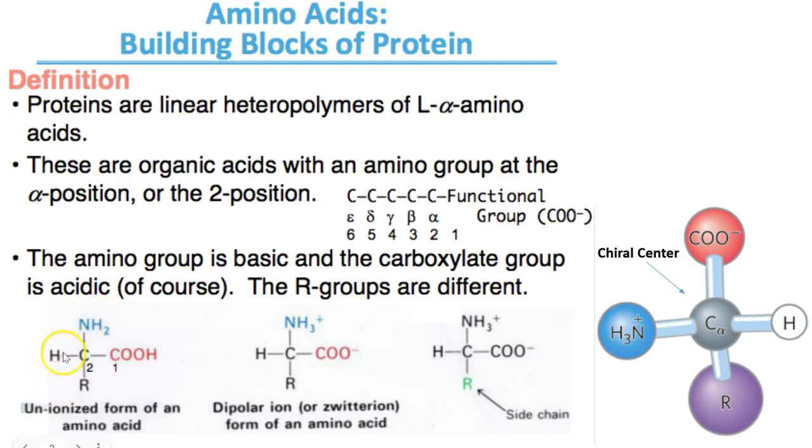And so with an amino acid, they have different forms, which can be shown right here, where you have an unionized form where there is no charge. You see there's now a carboxylic acid group, and then a regular no charge amino group. But then when you do have charge that exists on the amino acid, when you have both a positive and a negative charge on the same compound, that is what is called a zwitterion.